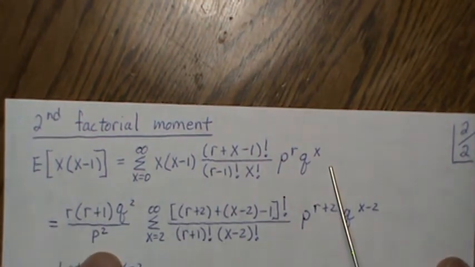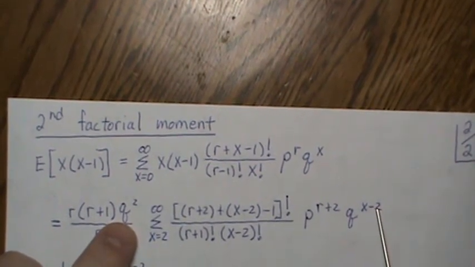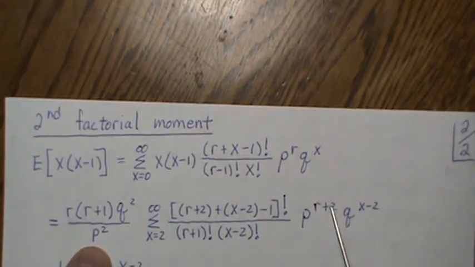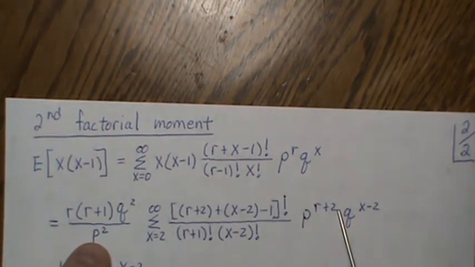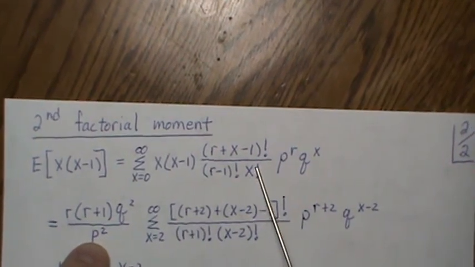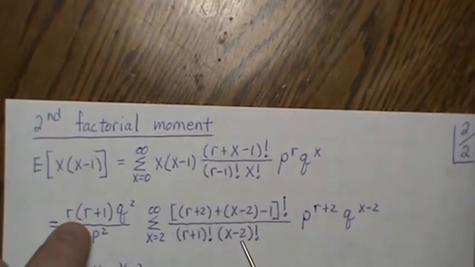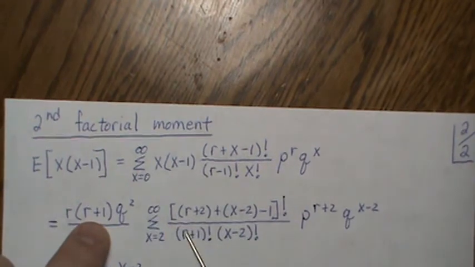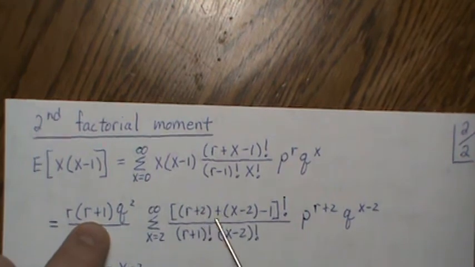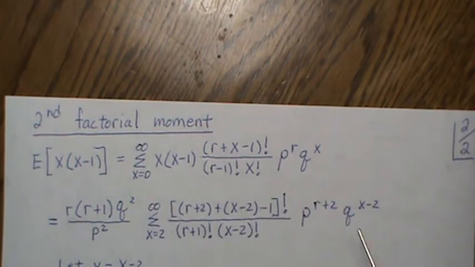So we start pulling out things. We pull out Q squared, so that's why there's minus 2. We multiply and divide by P squared, so that's this 2 and this 2. These cancel 2 terms with this factorial, and then we multiply and divide by R times R plus 1, and that's why we get this R plus 1 factorial. Here we add and subtract 2, so we're basically adding 0 to this so it doesn't change it.